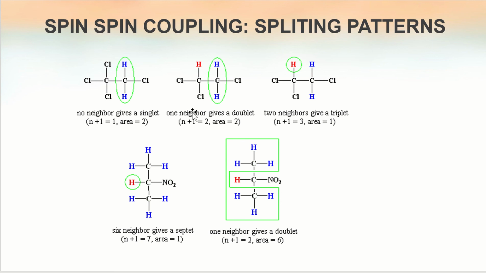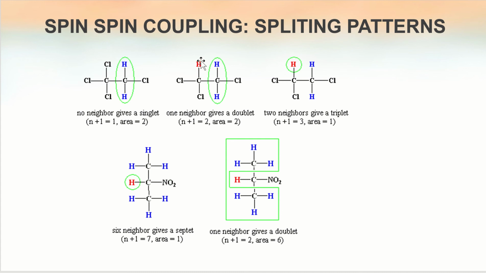All right, so when we have one neighbor, as is seen here, our 2 equivalent hydrogens that are in the same environment will be split by a neighboring hydrogen. They're both attached to this carbon, and the neighboring or adjacent carbon has 1 hydrogen attached.